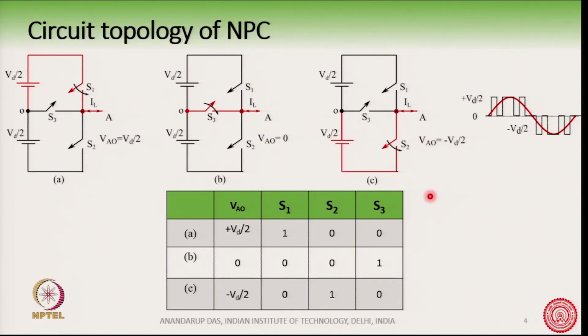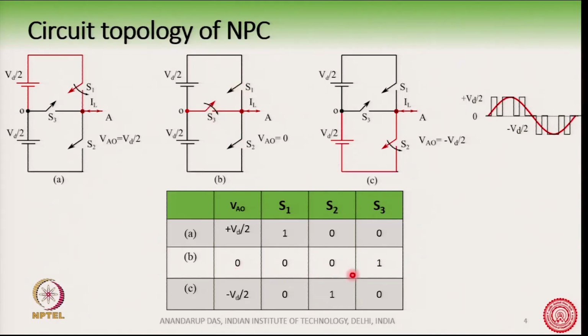Now, if I want to get the midpoint voltage, the O point is often called the midpoint, because it is the midpoint of the 2 DC sources. Usually these 2 DC sources are made from capacitors. So, if I want to access the midpoint voltage, I will turn on this switch here and will turn off S1 and S2.